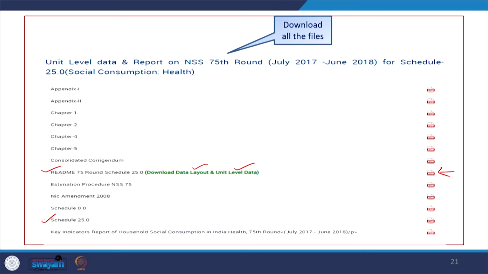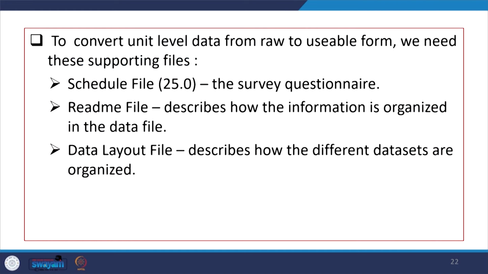These 4 important things are required for our extraction and analysis. To convert unit level data from raw to usable form, we need these supporting files. As I already mentioned, schedule file, readme file, data layout file, and the microdata also. And the fourth one is those microdata or the raw data.